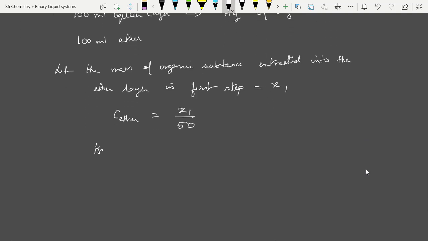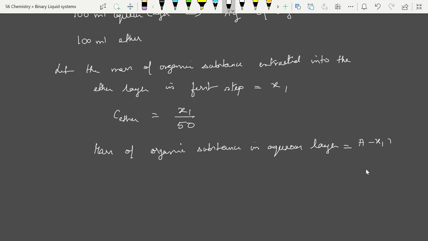So mass of substance remaining in the aqueous layer. Mass of organic substance in aqueous layer will be A minus x1 grams, and concentration in aqueous layer will be equal to mass of the substance, that is A minus x1, divided by volume, which is 100 ml.